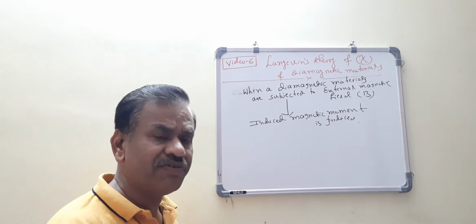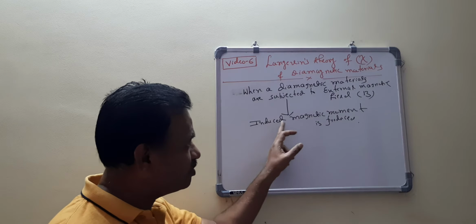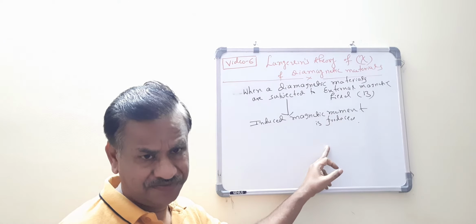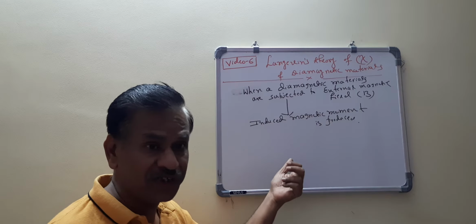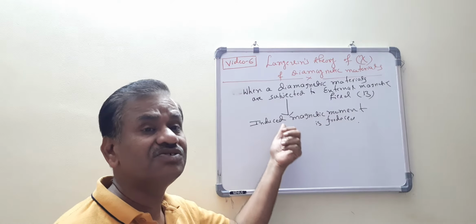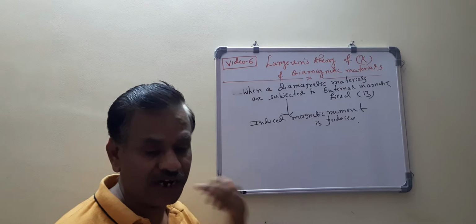What about the situation when I apply the external magnetic field? Then an induced magnetic moment is produced, because there is a change in the orbital velocity of the electron.